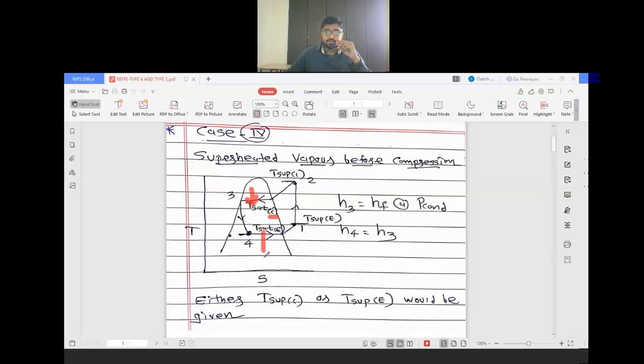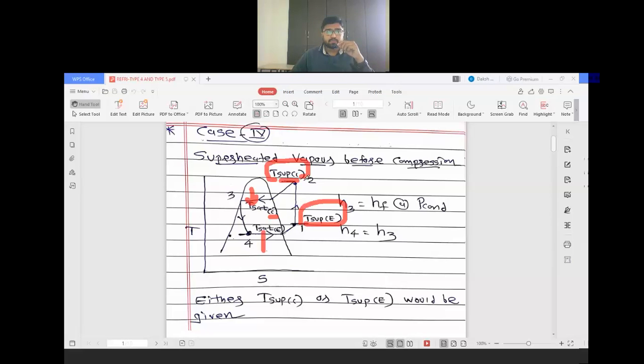Here we have a higher temperature, known as T superheated condenser. At point number 1 the temperature is also higher, known as T superheated evaporator. So 4 temperatures are there: T saturated condenser, T superheated condenser, T saturated evaporator, and T superheated evaporator.